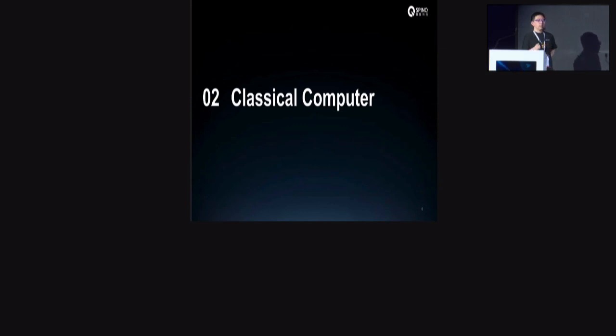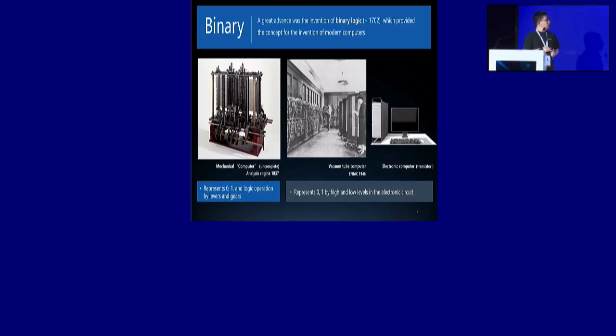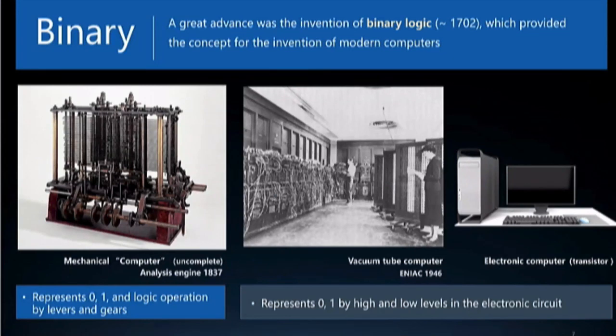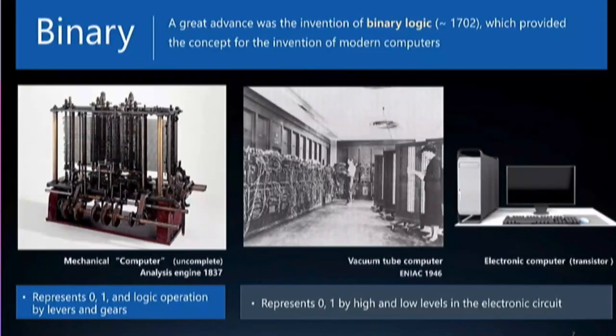So first, let's think about the classical computer. 300 years ago, we had the innovation of binary logic. 200 years ago, we had the mechanical computer. 100 years ago, we had the electronic computer. It doesn't matter what kind of material you are using.